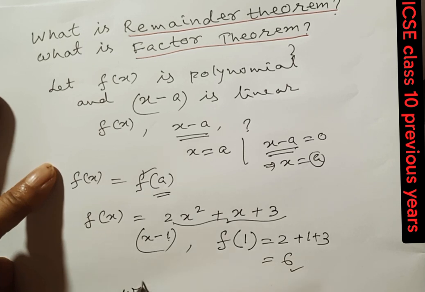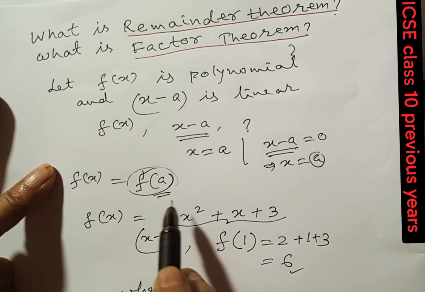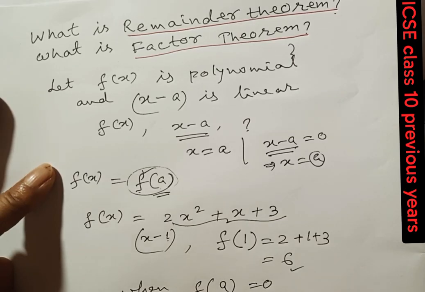So when the remainder is 0, that is, when f(a) equal to 0, then x minus a is a factor of f(x).